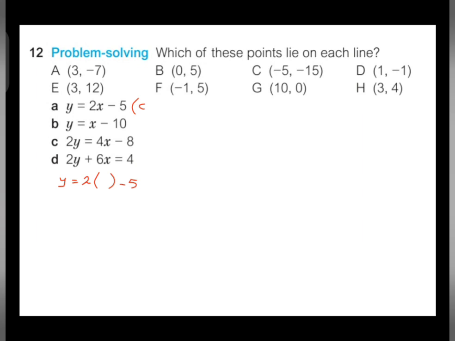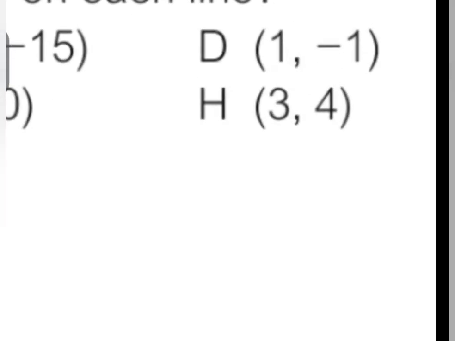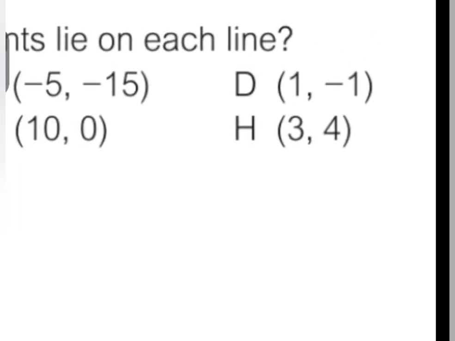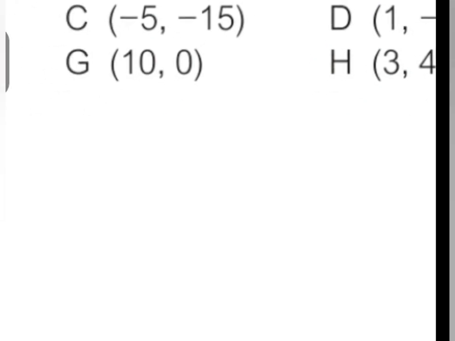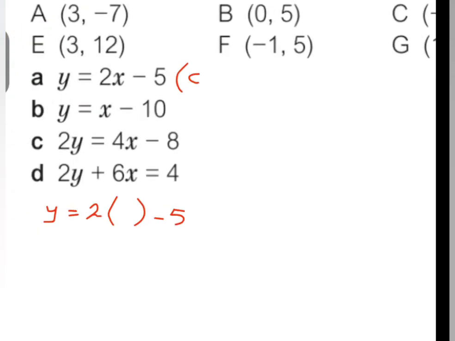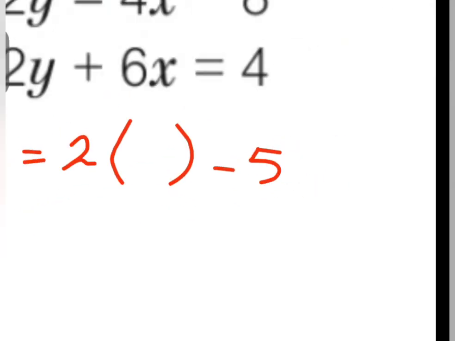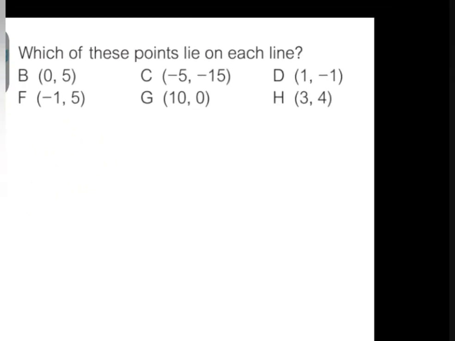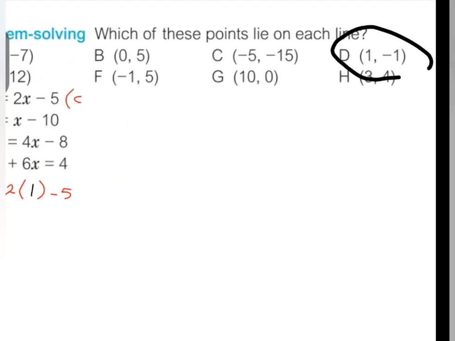Now let's check point D. With point D, x is 1. We put 1 instead of the x on line A here, and we check. 2 times 1 is 2. And then minus 5 equals -3. So it has to be 1 and -3, but here we don't have -3. So this point doesn't fit.